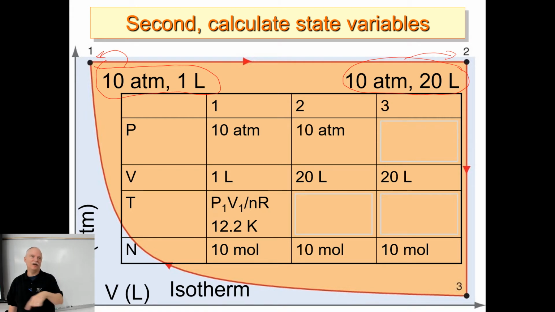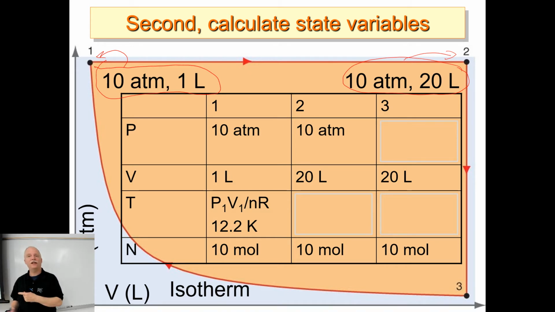Of course, we also know that 1 and 3 are on the same isotherm. You can do this in any order, but if I calculated the temperature for spot number 1, I know by definition that's the same temperature as spot number 3, because it's on an isotherm. Sometimes you're looking at number 3 over here and you say, I don't have enough variables. I've got the volume and the number of moles, but I don't know the pressure or the temperature.